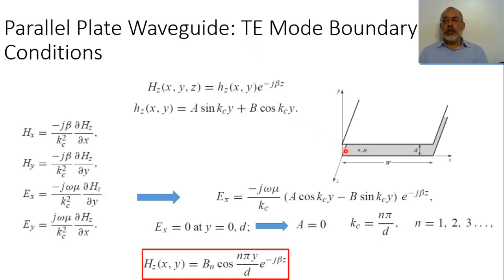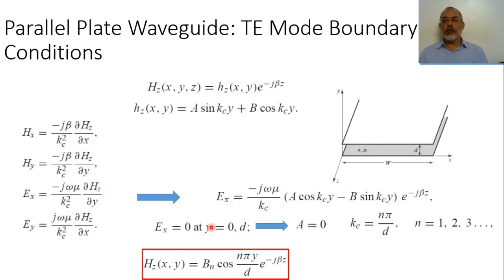Now the Ex component is tangential to the plates. So by applying the boundary condition that the tangential electric field is 0, we can say that Ex equals 0 at y equals 0, the lower plane, and at y equals d, the upper plane.